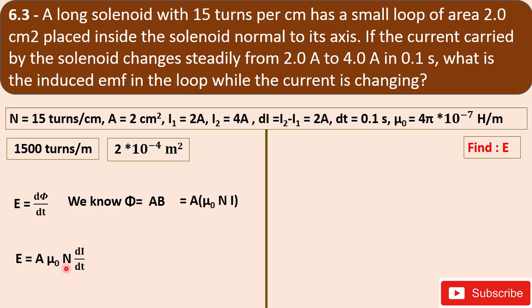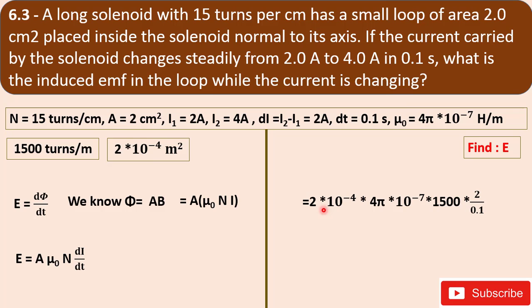Okay, so now we have all these parameters available with us. Okay, so simply put them in this equation, and we can easily calculate the value of EMF induced in a loop. Okay, so area A is given as 2 into 10 raised to minus 4 meter square.